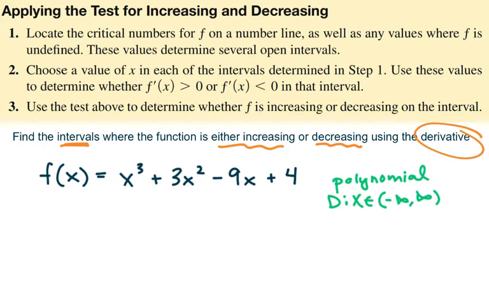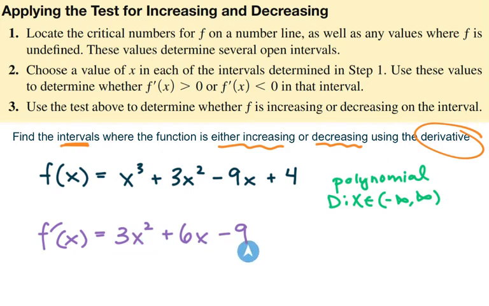So now we'll find the derivative. We'll go ahead and use our shortcut rule, our power rule. So this is 3x squared plus 6x minus 9. This is my derivative. Now my derivative is 1 degree less. It's also a polynomial.